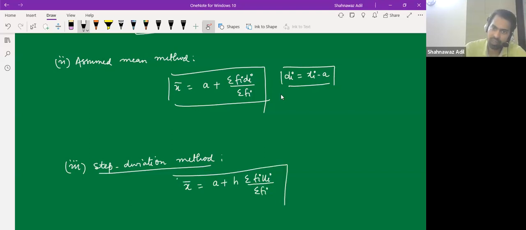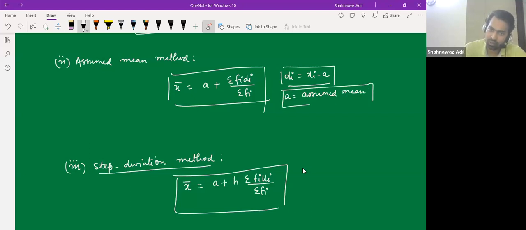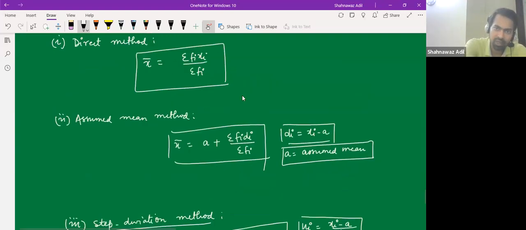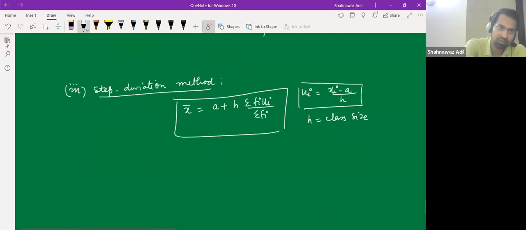So in here, a is assumed, right? And in here, ui is xi minus a by h, and h is class size, right? So these are the three methods that we do. And keeping this in mind, now let us do the calculations.